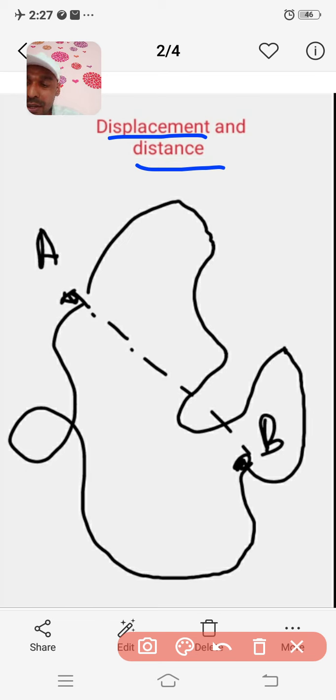I have drawn the figure on screen, so all students look carefully.